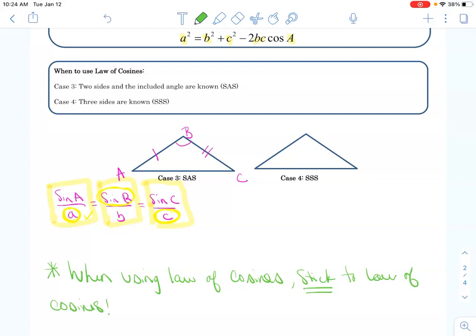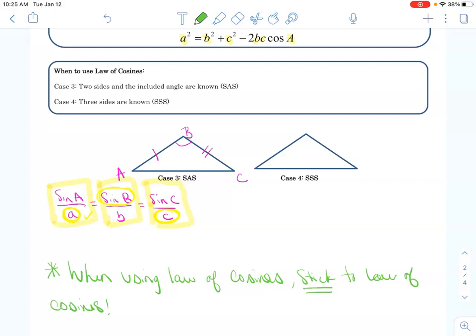The reason is a lot of us will use law of cosines and then we'll get a full ratio and we'll say, sweet, we're going to move on to using law of sines because it's easier. There is an issue with law of sines, and you will understand it more when we get further into the term.